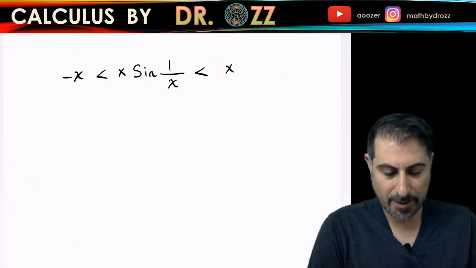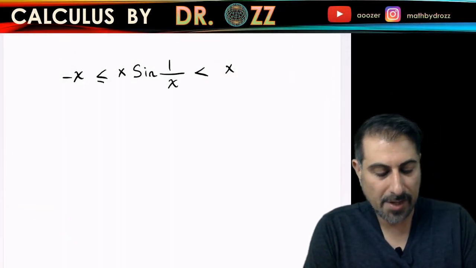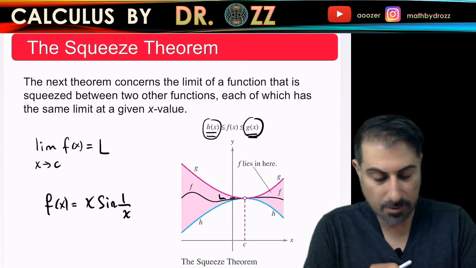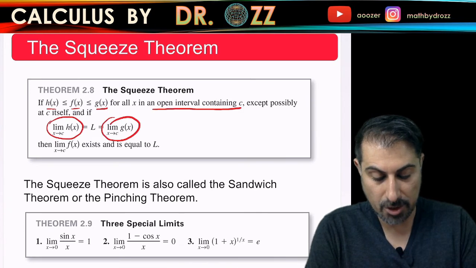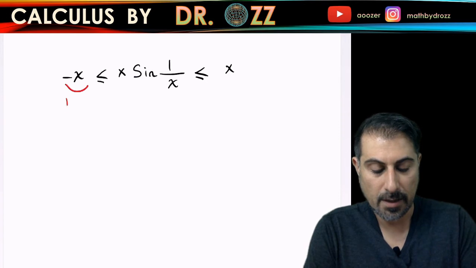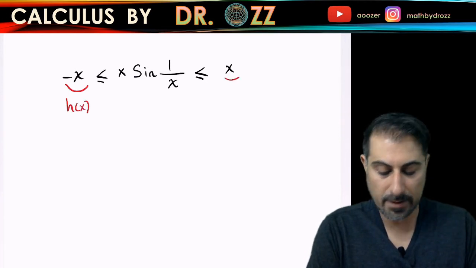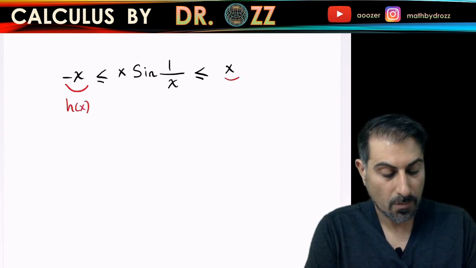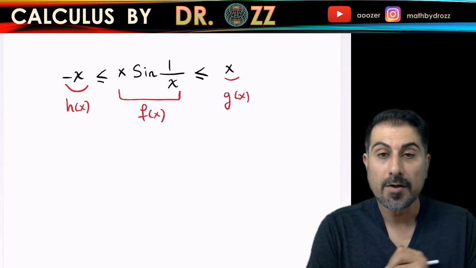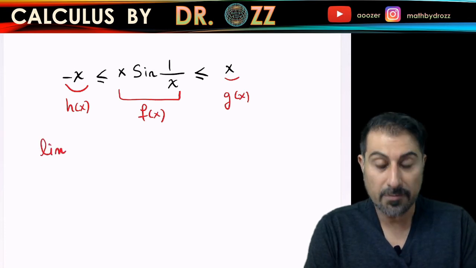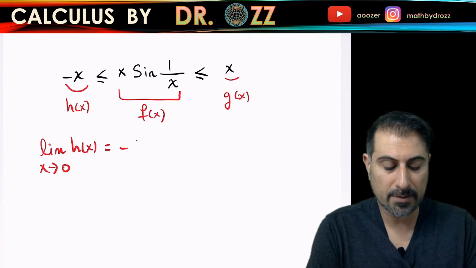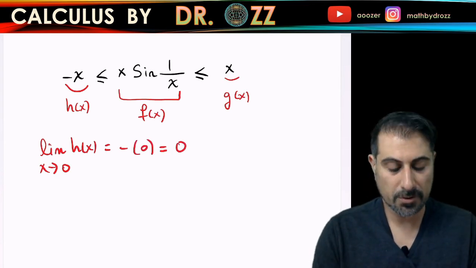All right, here is the inequality that we have. The outer functions are h and g, so let's use the right notation here. Going back, this one is h of x, this one is g of x, and obviously this is the given function. The limit of h as x approaches 0 is just negative 0 by direct substitution, which is 0.